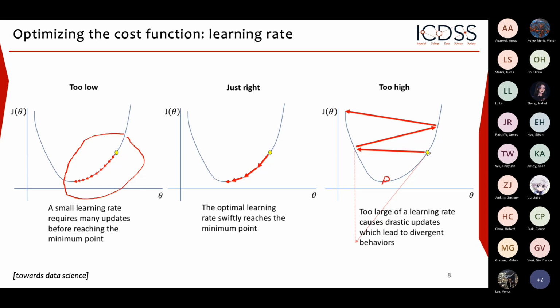You go here and you try, okay, let's update in this direction, but let's do a lot. Let's update a lot, and you may end up somewhere that is actually farther from the minimum of your cost function. And in this way, you could start jumping around your nicely bowl-shaped function, and you may never reach the minimum. So that's another thing that is important to tune.